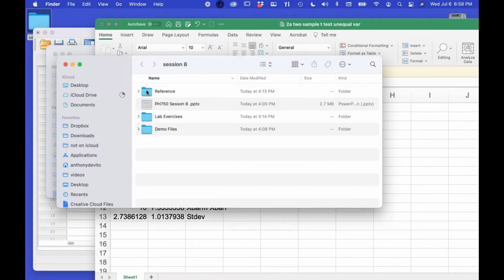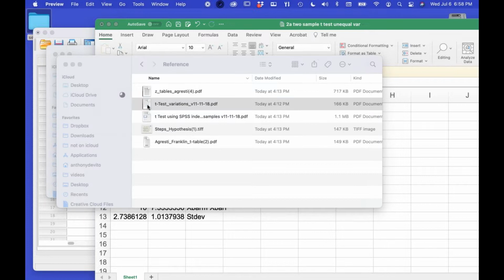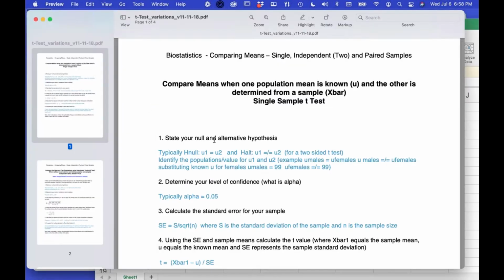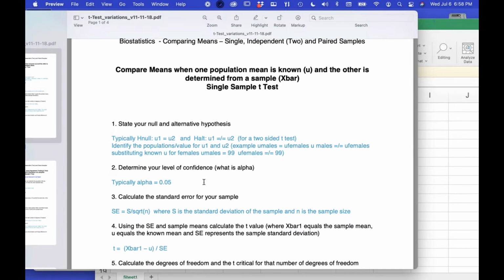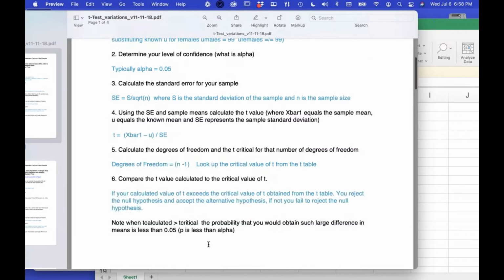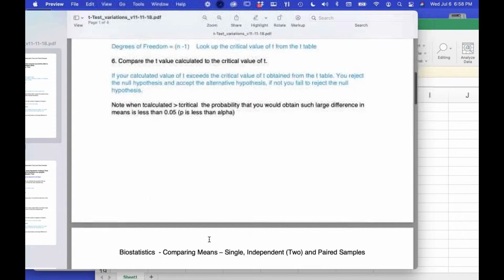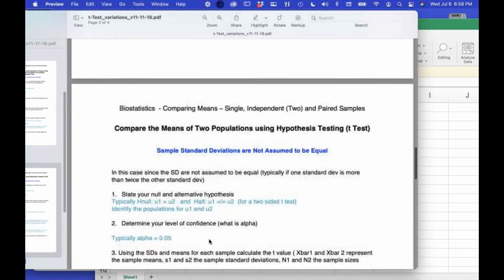So I am going to go in here to my reference files, and there is a thing I gave you. T-test variations. That's the one. I gave you formulas in this document. This is all on Blackboard, by the way. Actually, no, this is not the document I gave you, is it? Yeah, this will do for us.